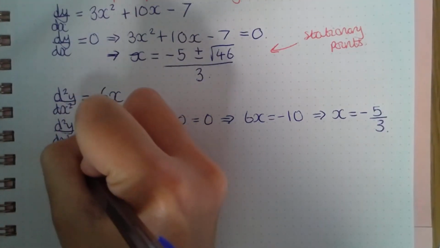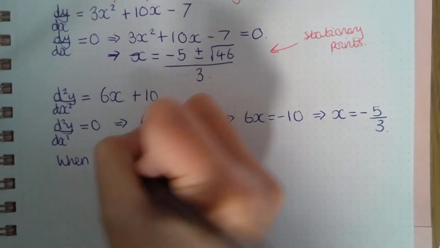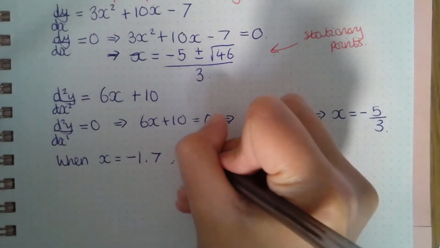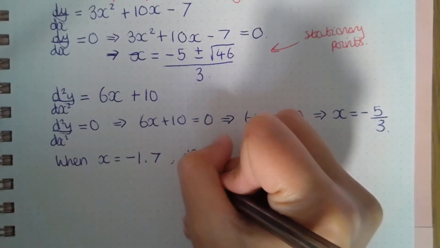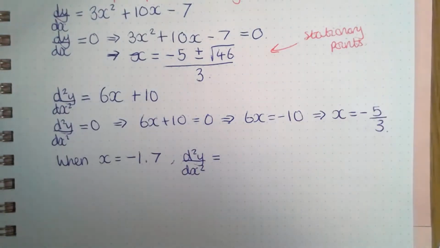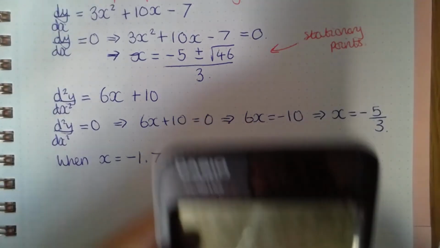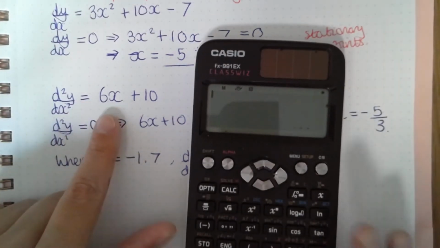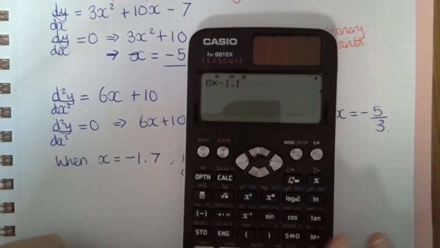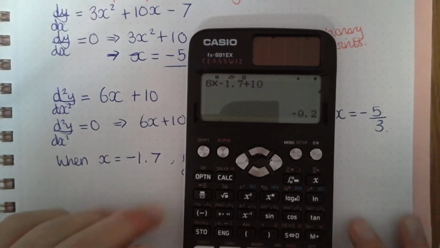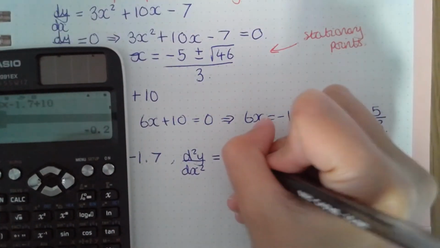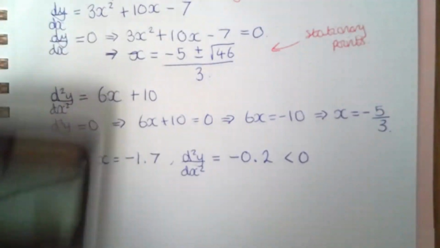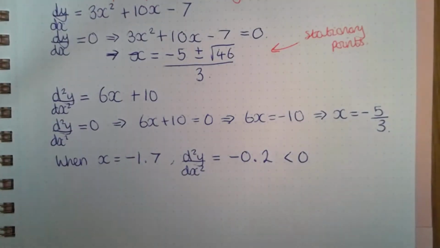So when x equals negative 1.7, then our second differential is equal to 6 times negative 1.7 plus 10 equals negative 0.2, which is less than 0, so that means this is concave.